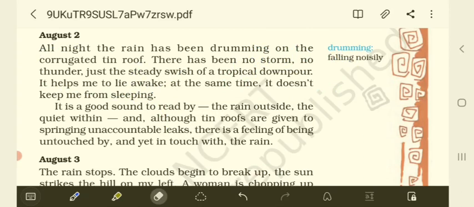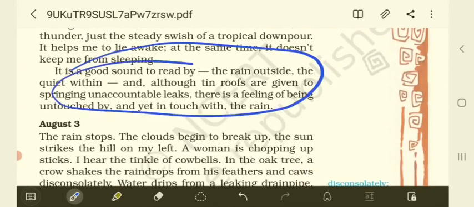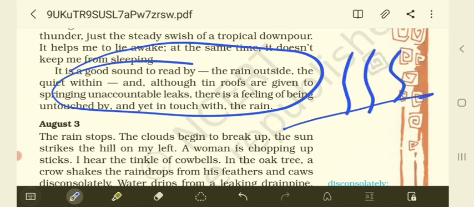It's a good sound to read by, the rain outside, the quiet within, and although tin roofs are given to spring unaccountable leaks, there is a feeling of being untouched by and yet in touch with the rain. So beautifully described, the rainy season. If you have ever experienced living under a tin roof during the rainy season, the tin roof produces a clanking sound and some people enjoy it.